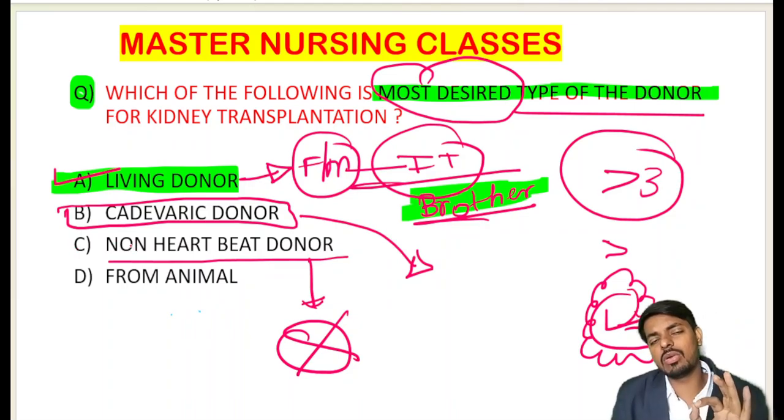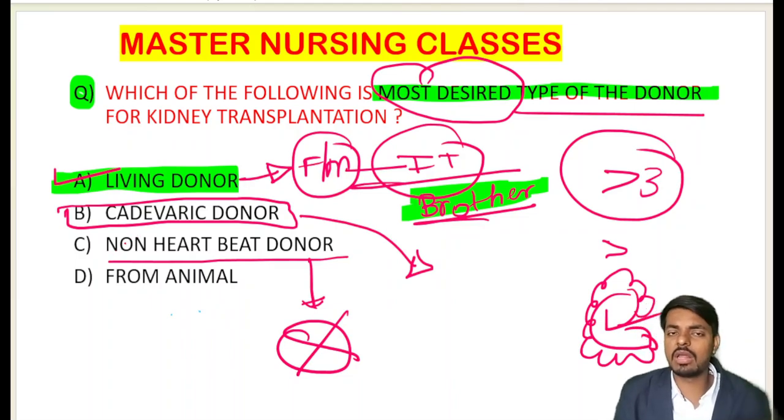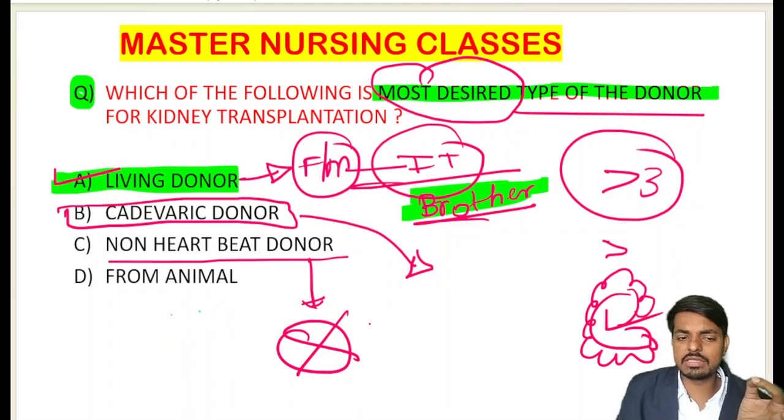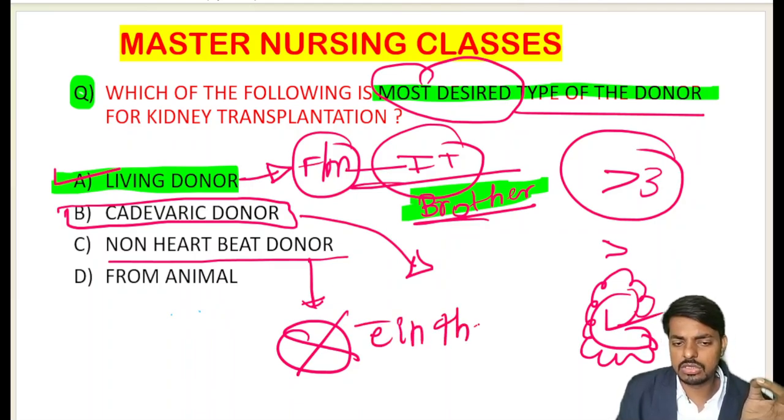In the cadaveric donor also, we have sufficient time to harvest the organ and implant it in others. But in the non-heartbeat donor, we need to take the vital organs within 4 hours of the cardiac death.